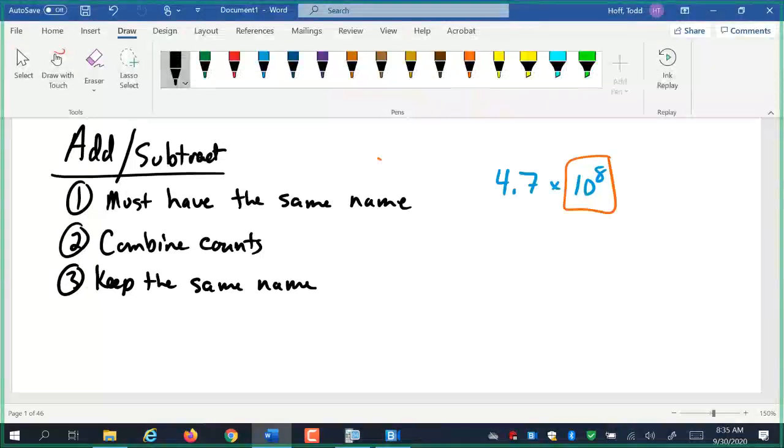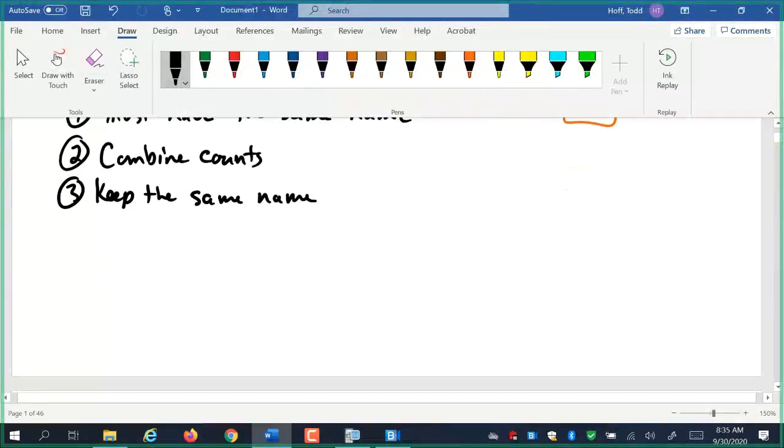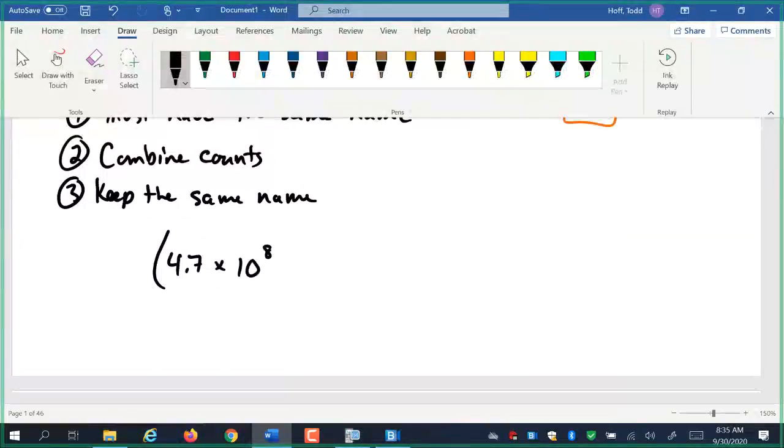So let's take a look at an example here. Let's say we have 4.7 times 10 to the 8th. Now those parentheses are not an enclosing symbol in this case. Just like with the negatives, they're just there to separate it to show you that that is a single number. Plus 3.1 times 10 to the 8th.